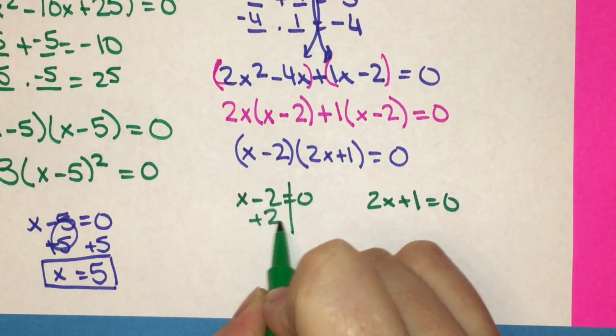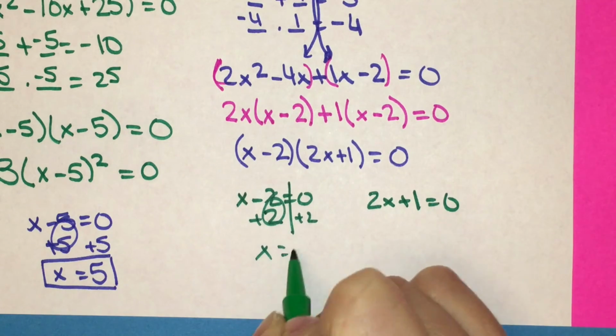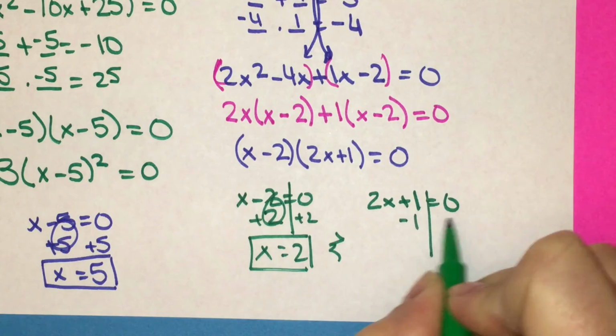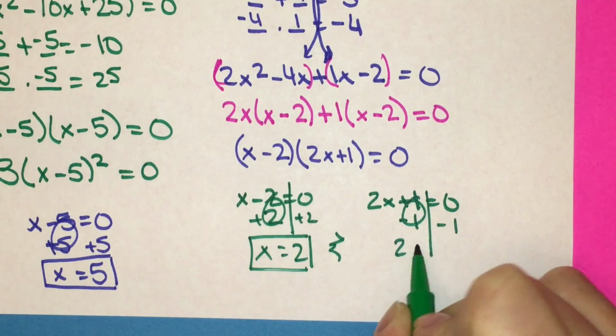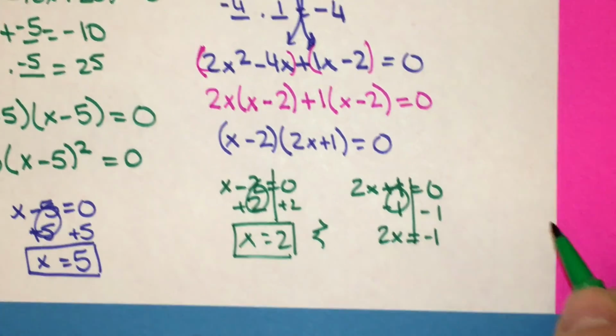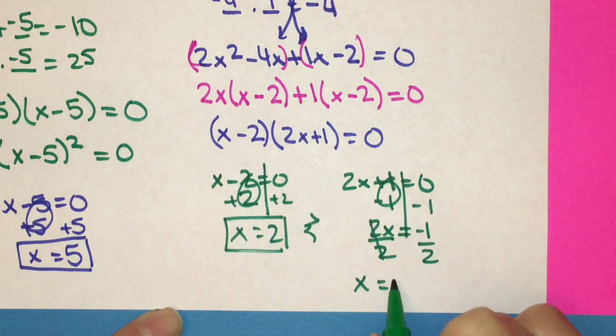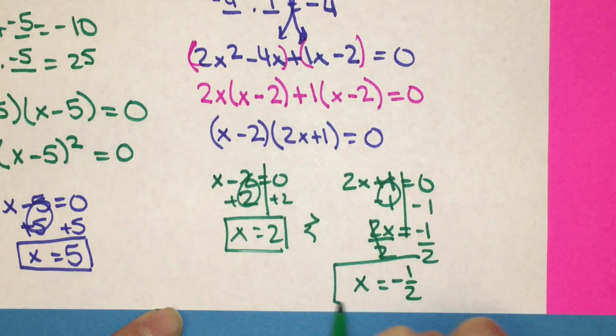I'm going to add 2 to both sides, and x equals 2. And here I have to subtract 1 from both sides. We have 2x equals negative 1. Divide both sides by 2, and x is equal to negative 1/2. Hopefully you were able to solve those quadratics with factoring.